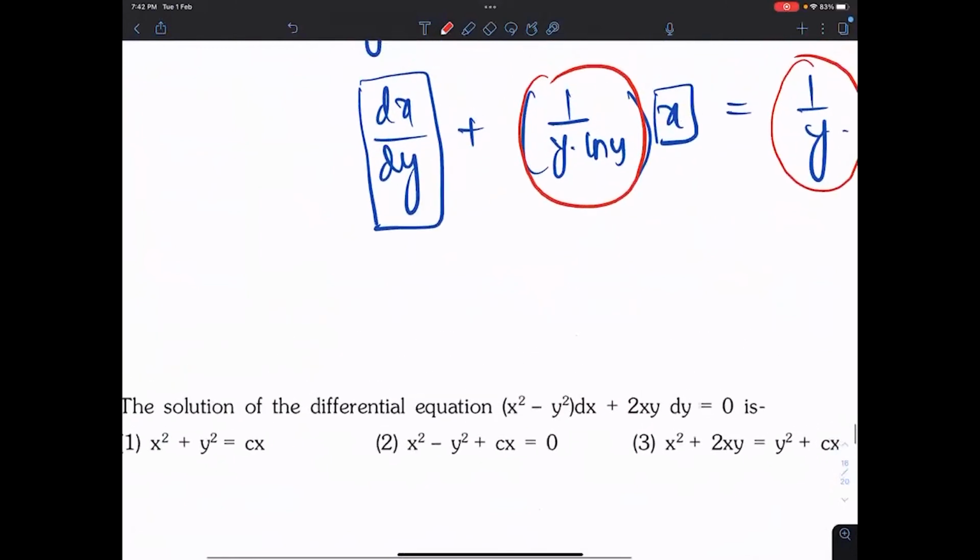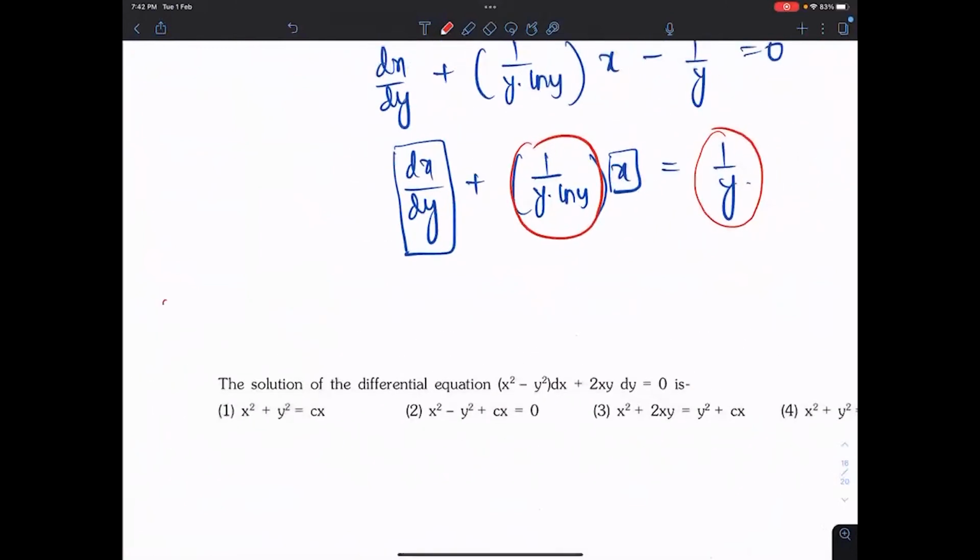Now the integrating factor will be g(y), in terms of y, e to the power integral P(y) dy. What is P? 1/(y ln y) dy, this only, no? It is the f dash by f form. So it is e to the power ln of ln y, which is ln y. ln y is the integrating factor.